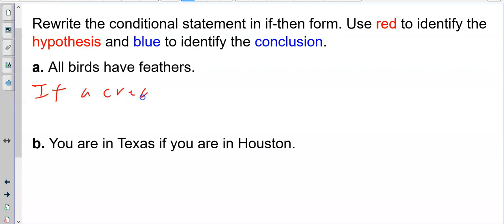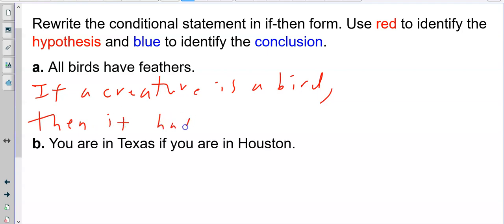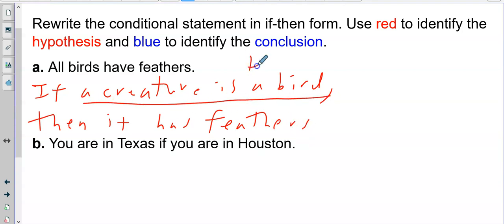If a creature is a bird, then it has feathers. All right. So if a creature is a bird, we'll call that the hypothesis. Then it has feathers. That's our conclusion.